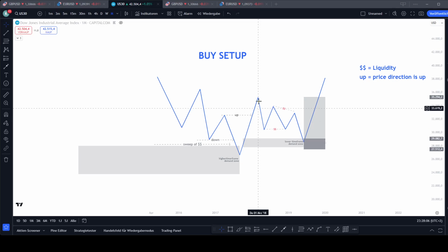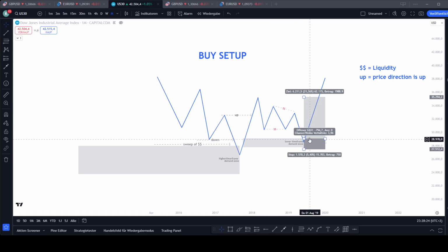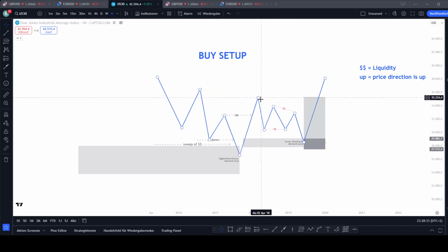And also, once structure is broken to the upside and we start seeing a retracement, we have to see liquidity formed on both sides within that retracement, so that once we see liquidity formed on both sides, price should move down to take the liquidity below and come into our point of entry. And now let us enter here and target the next available levels of liquidity to take our profits.